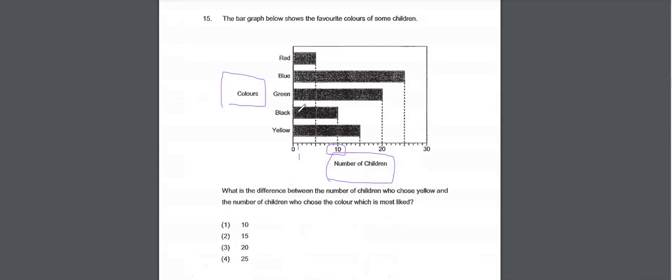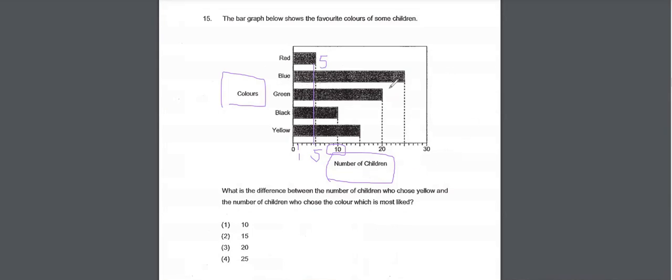So for red, we will be counting here. For red, the dotted line goes down, and this is 5, because 1, 2, 3, 4, 5. So we will write here, red represents 5 children.